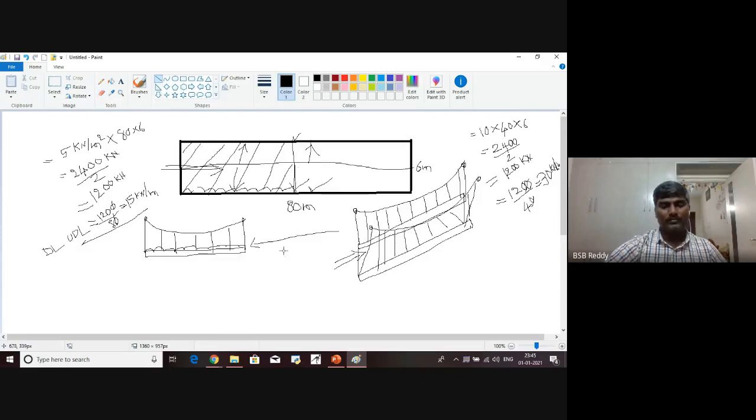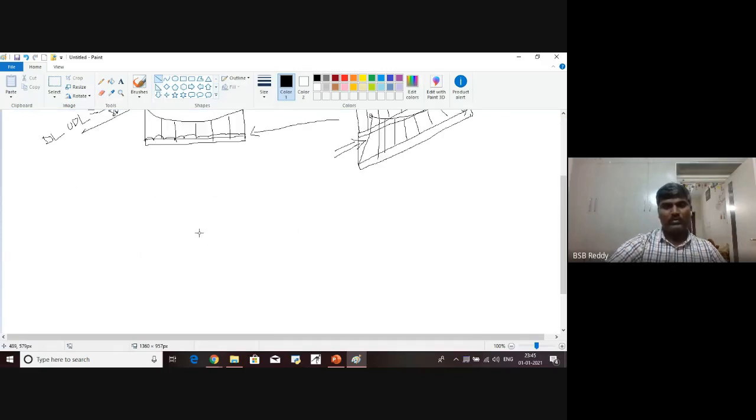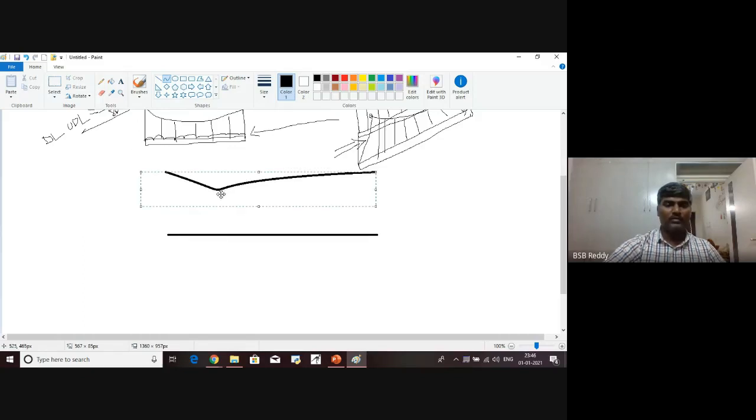So now your problem is simple. So this is the span, 80 meters, and now the cable. Let me draw the cable.